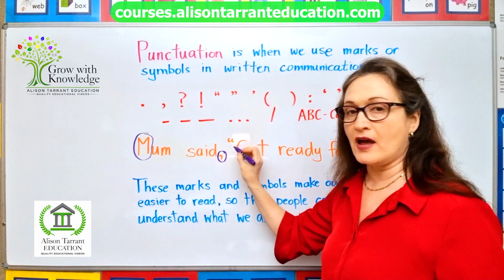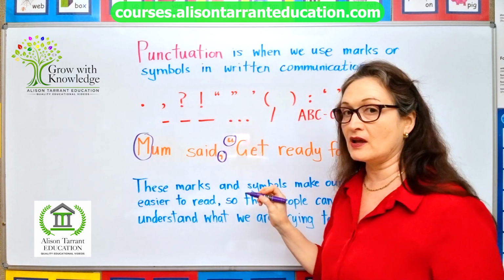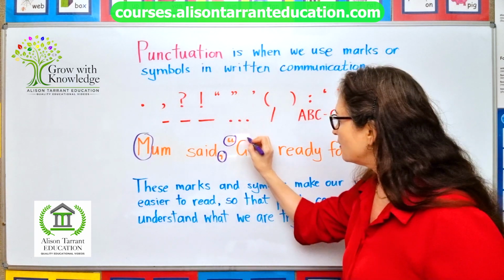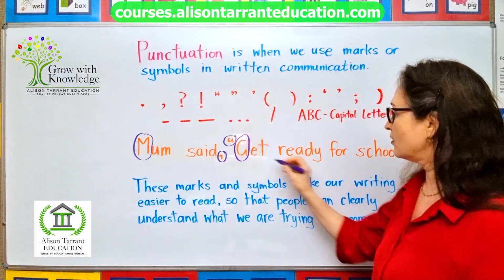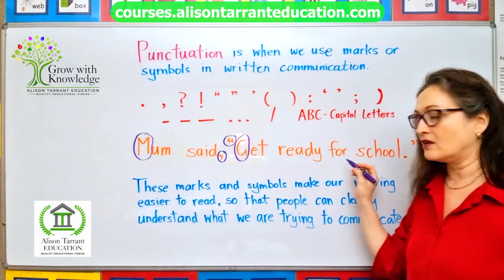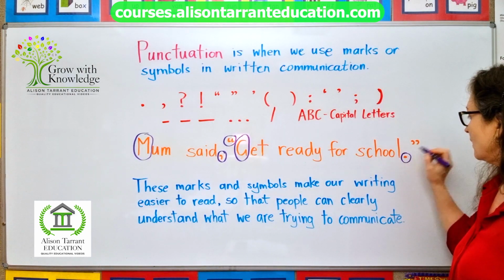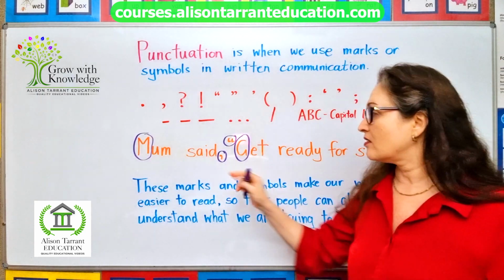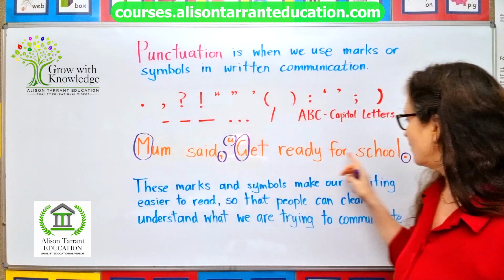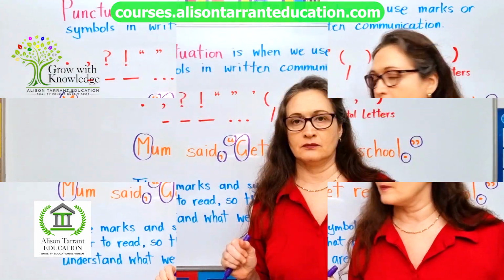This is the start of double quotation marks for somebody speaking. This is another capital letter after the double quotation marks. And then we end the sentence with a full stop and we end the double quotation marks. So you can see that in this sentence, it has quite a few punctuation symbols.